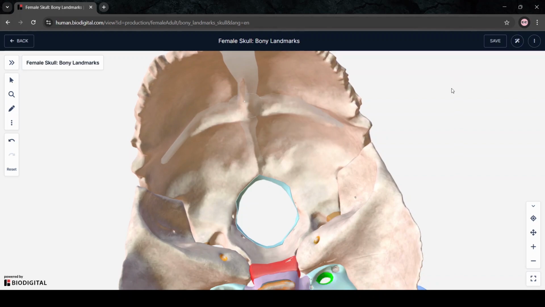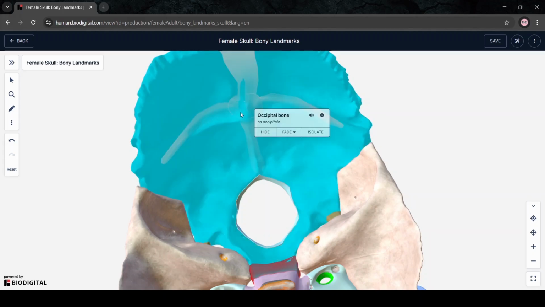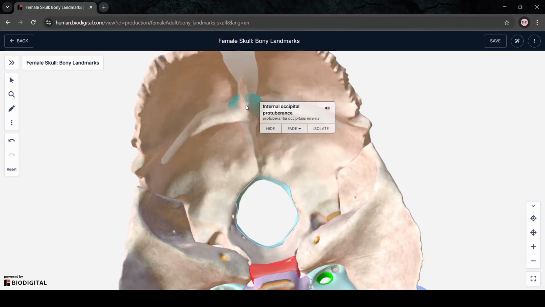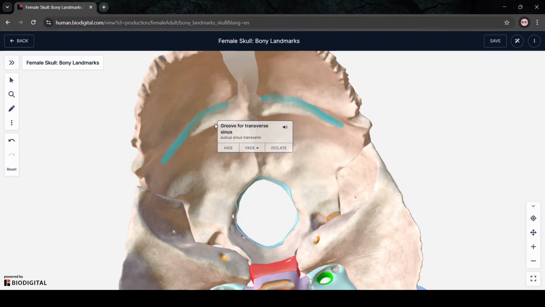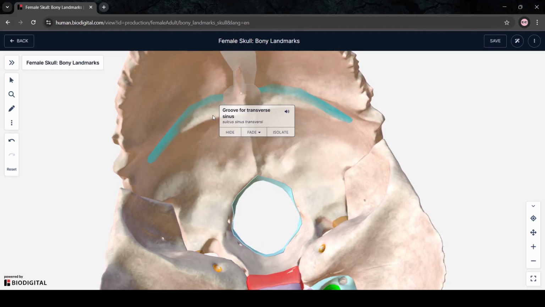Amazing. We have the internal occipital protuberance superiorly, and we have the internal occipital crest. 1 second.